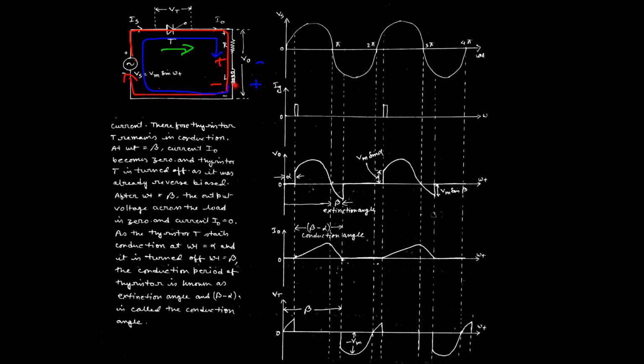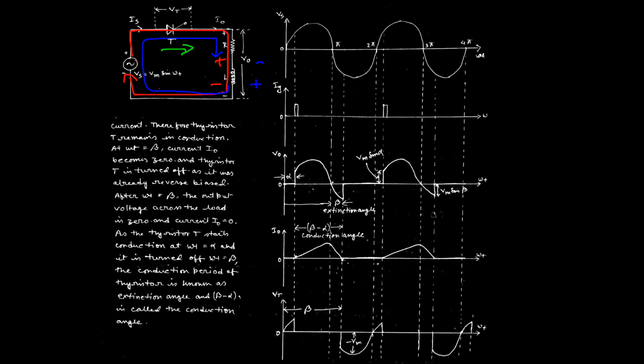In this case the inductor has stored energy, and the polarity of the inductor is such that the upper part is positive and the lower part is negative, and the inductor has stored the maximum voltage up to the point of Vm. When the next cycle starts from pi to 2 pi, when the supply voltage goes negative, the inductor immediately changes its polarity: the lower part becomes positive and the upper part negative, and the inductor tries to discharge.